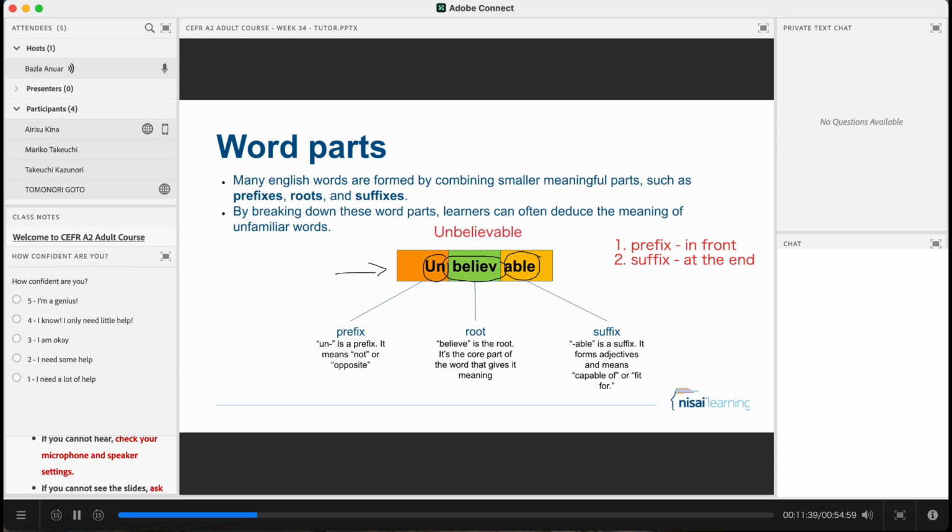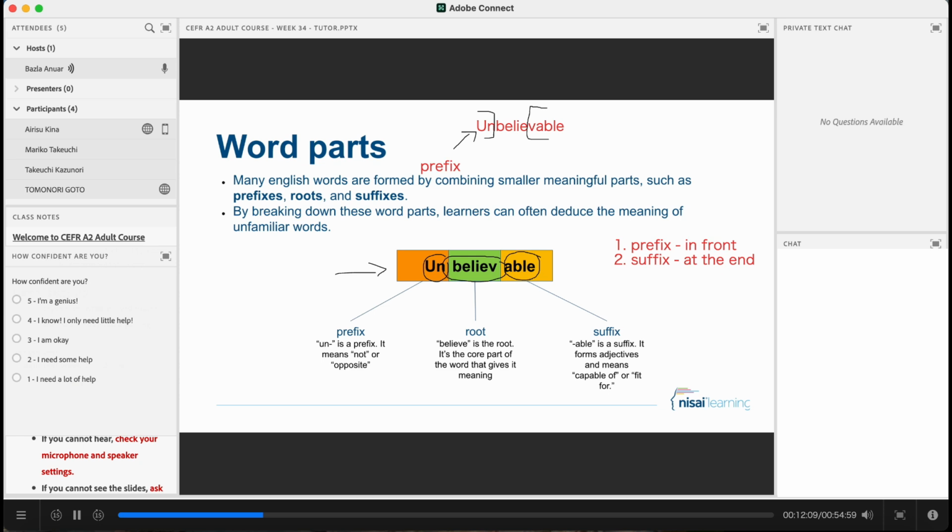In the word unbelievable, it can be broken down into three parts. The first one is un, what we call a prefix. And remember, prefixes are only placed in front.